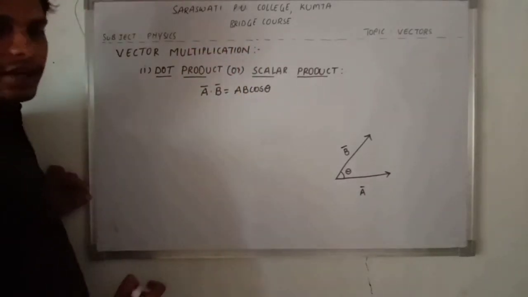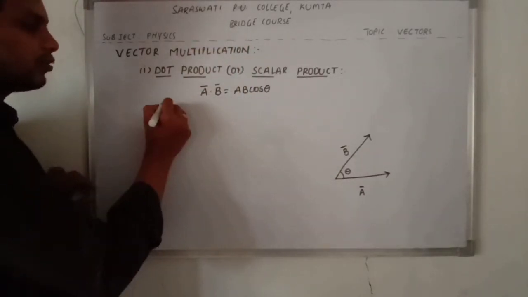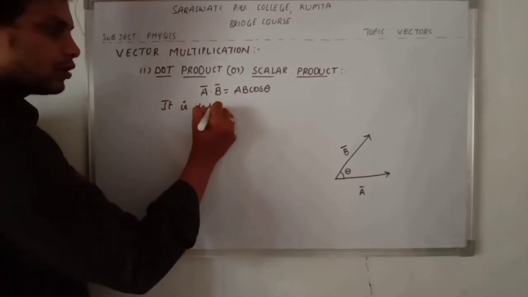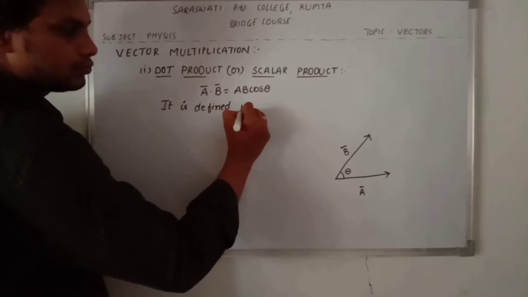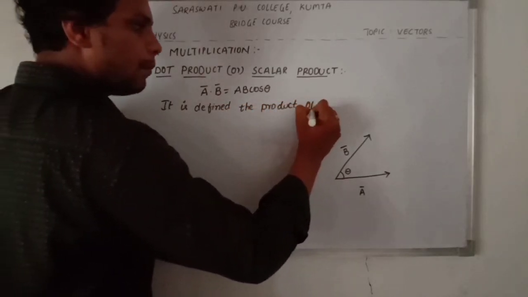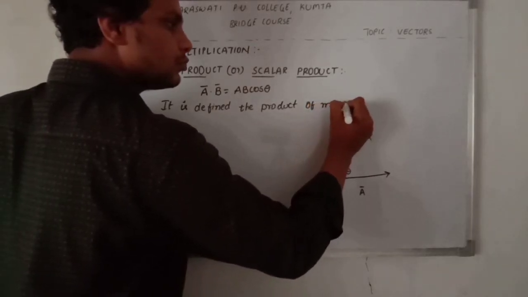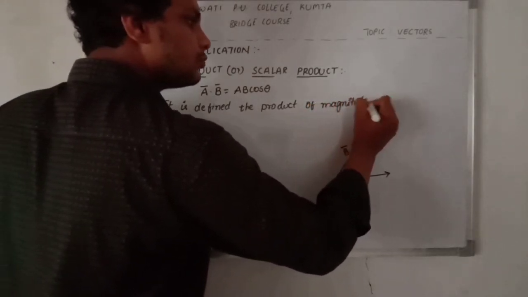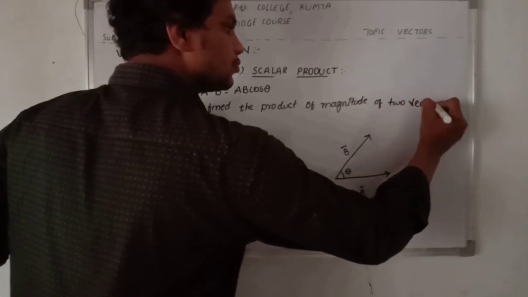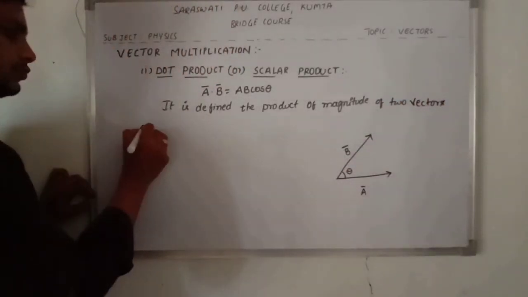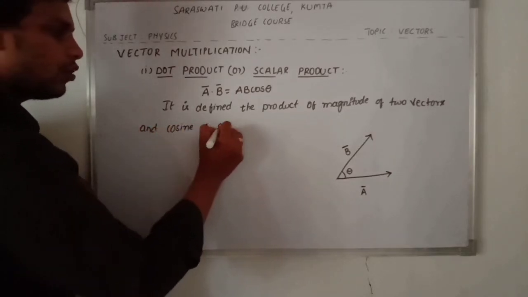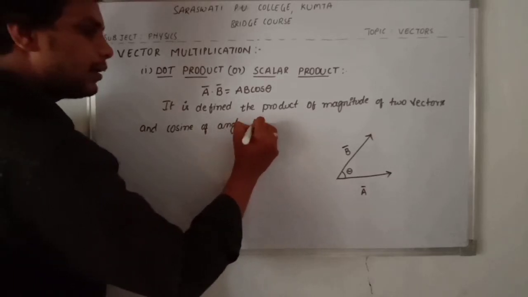And it is defined as the product of the magnitudes of the two vectors and the cosine of the angle between them.